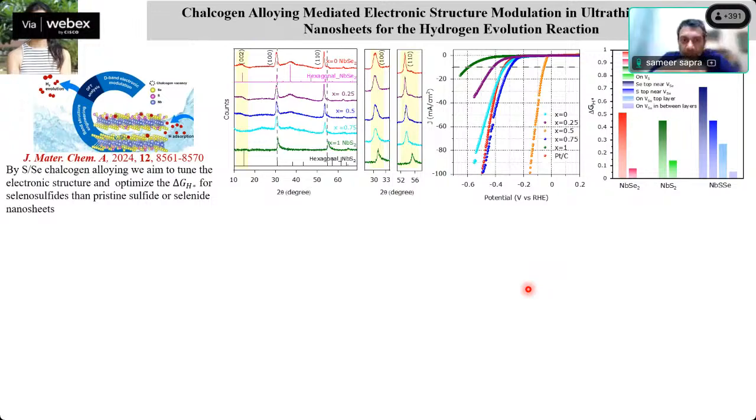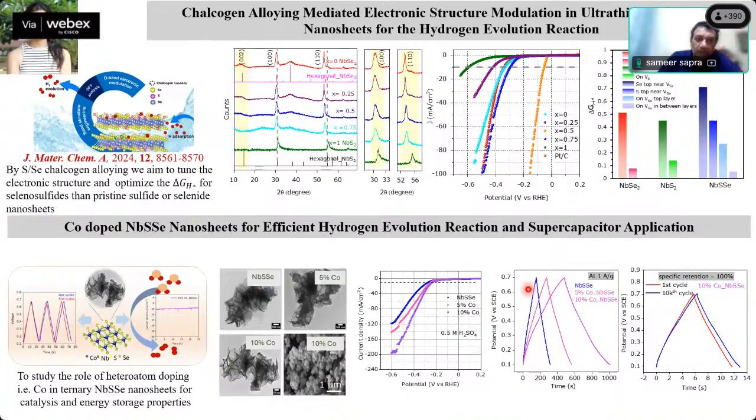Then, of course, Varsha has been working on niobium sulfide selenides, and these are very interesting for water splitting applications. In this case, hydrogen evolution. What we learned over there was that the most active part happens to be within the two layers, not outside.